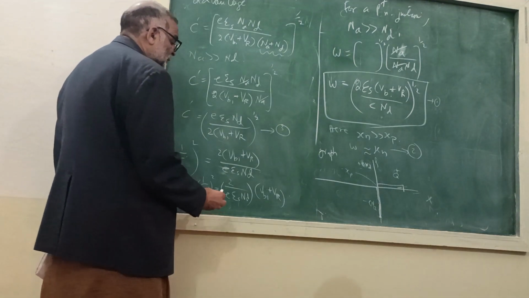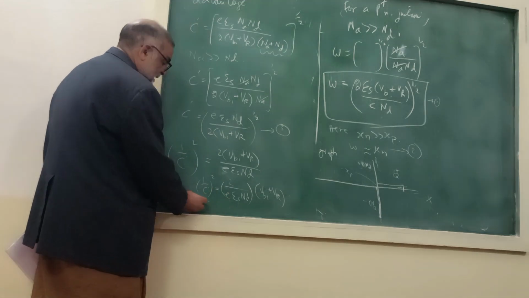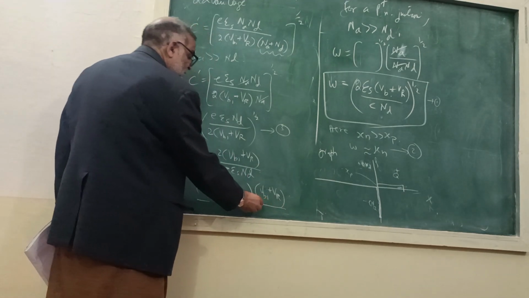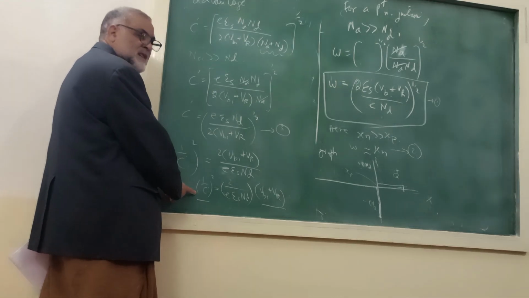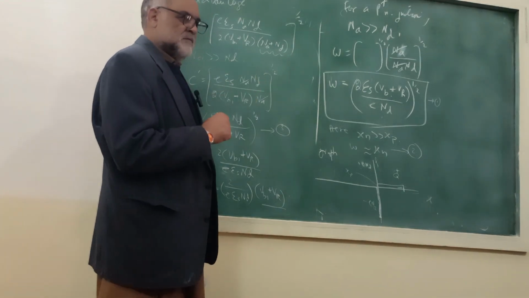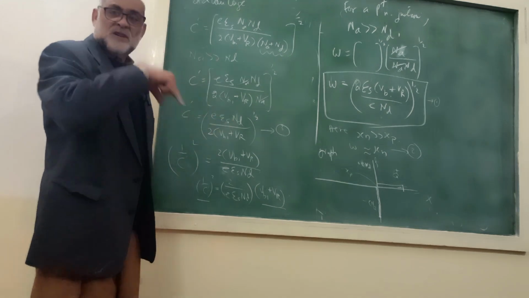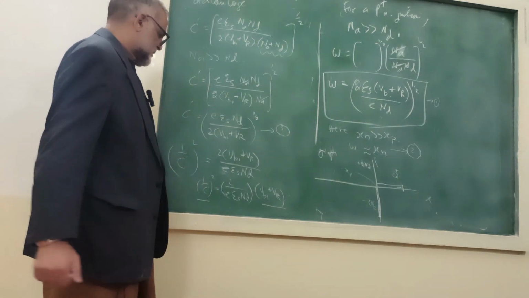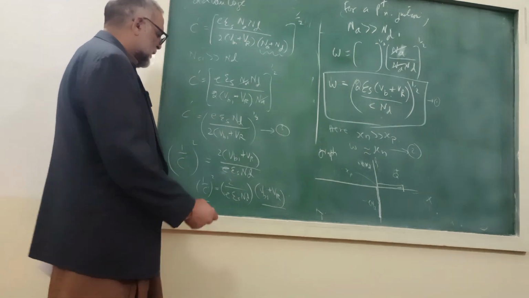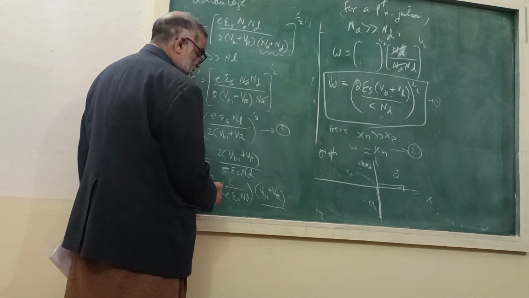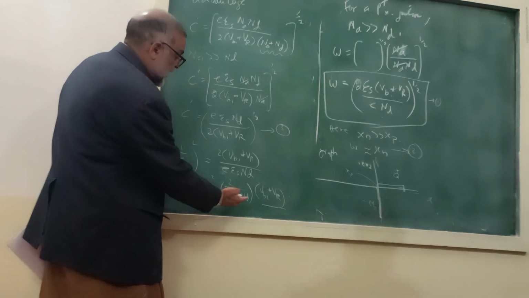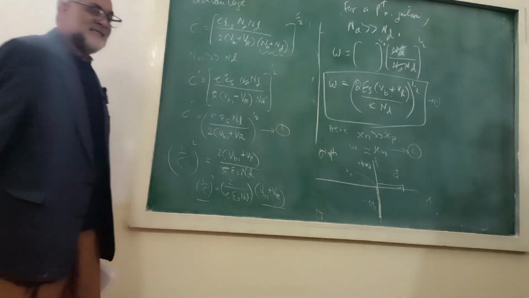So look, this is directly proportional to the square of 1 over C prime. You measure C prime, then you take the inverse of it and square it. If you plot these two, then this is a direct relationship, a straight line relationship, and this is the slope of that.